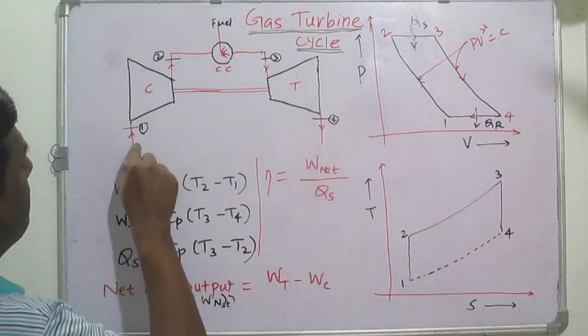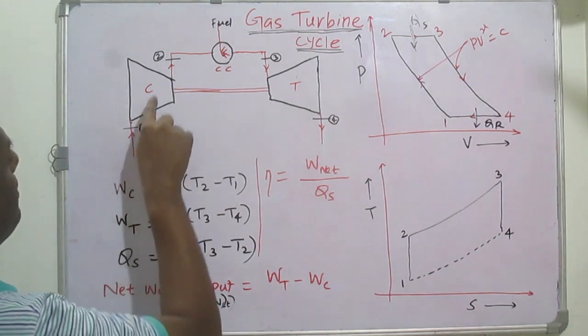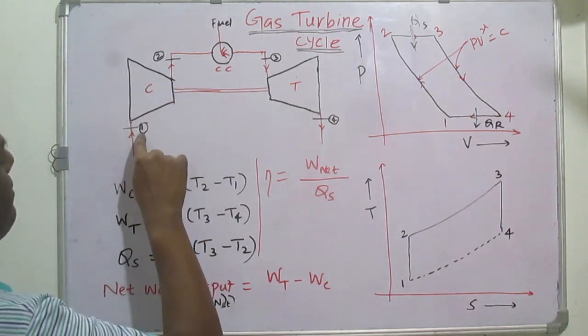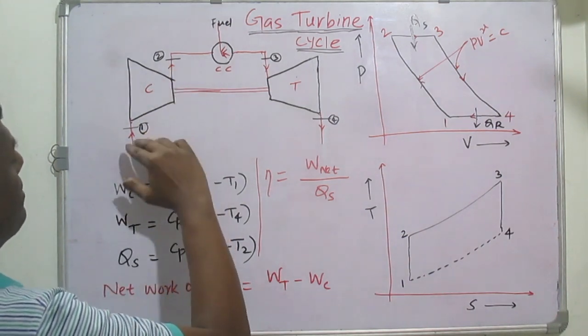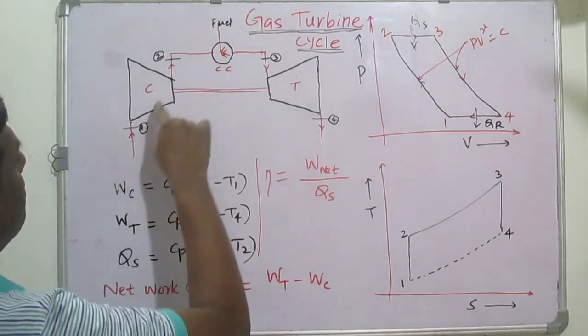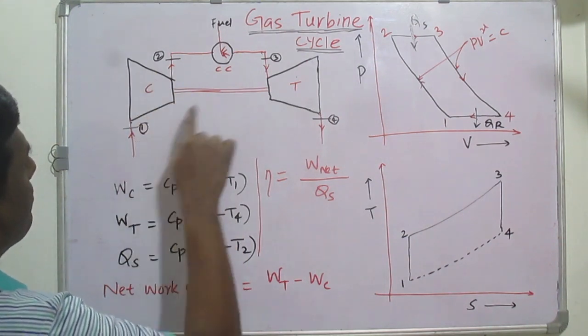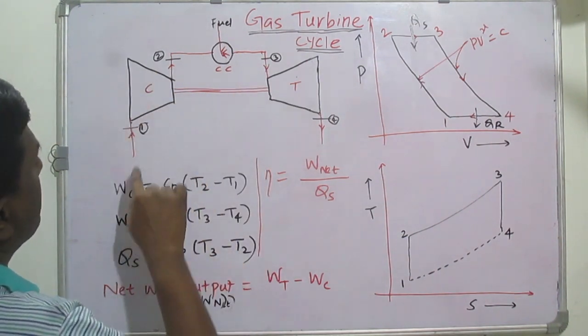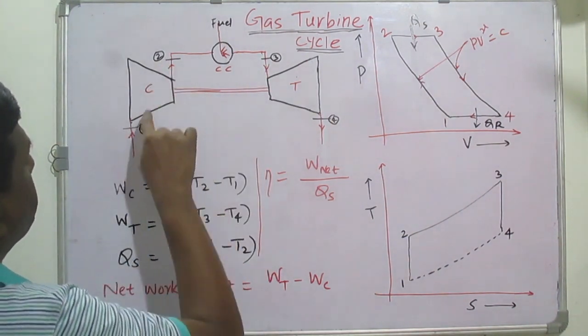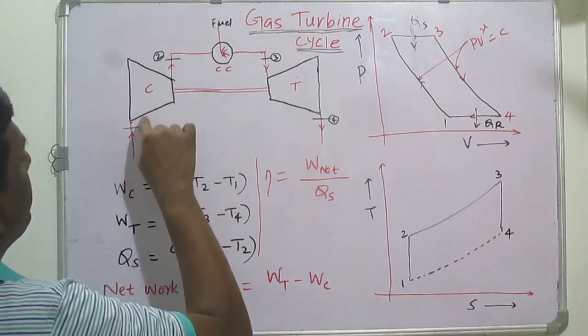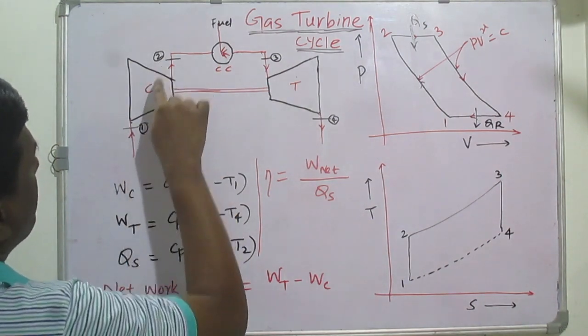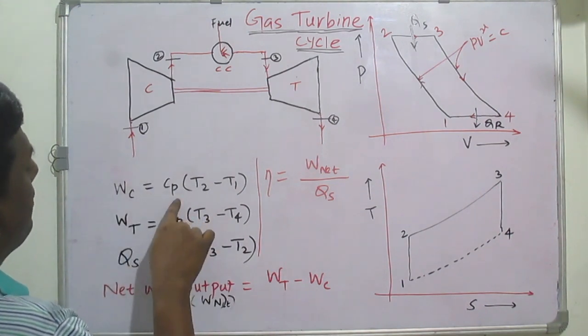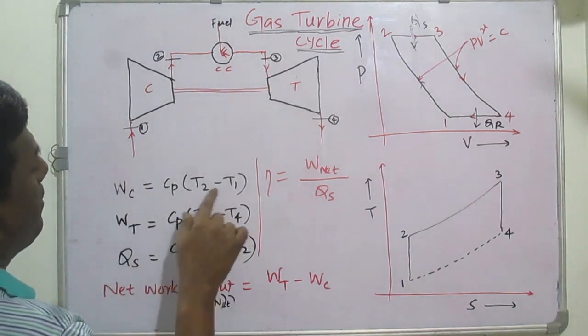We have written these based on the input and output conditions, which refer to the numbers we are denoting here. Compressor work is for the process 1 to 2, that's why Cp(T2 minus T1).